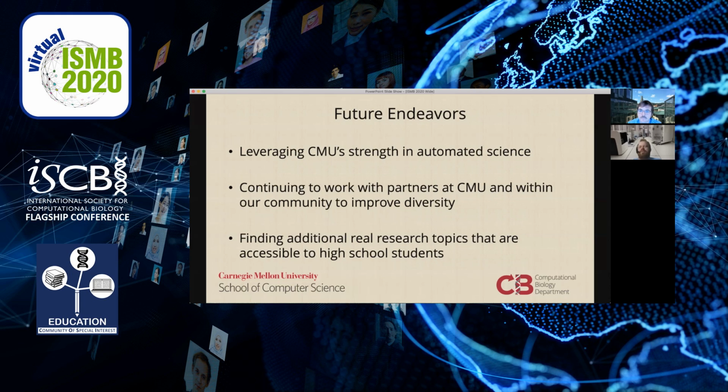We're also definitely working with partners within the university and in the local community to help us improve the diversity and gender parity of our program. And then we're always looking for real research topics that we can tailor to a level that high school students can handle. And that means both within the lab and in terms of the computational analysis that those projects require.